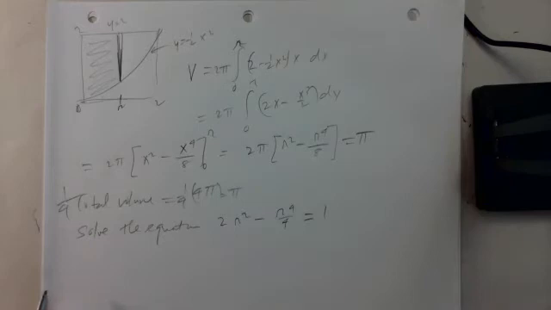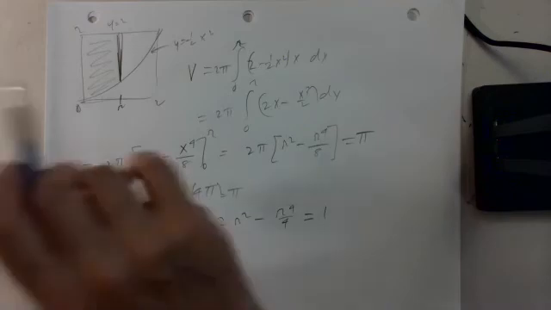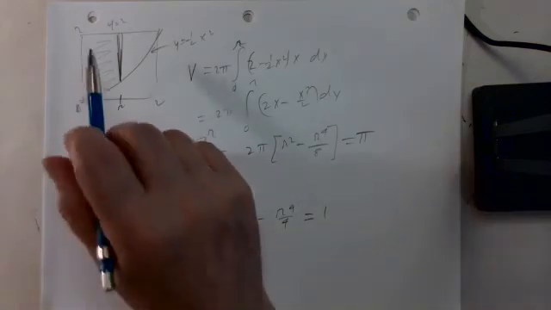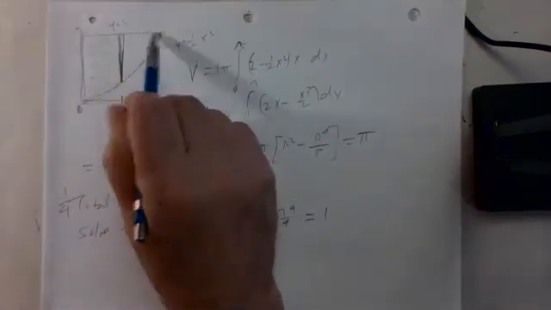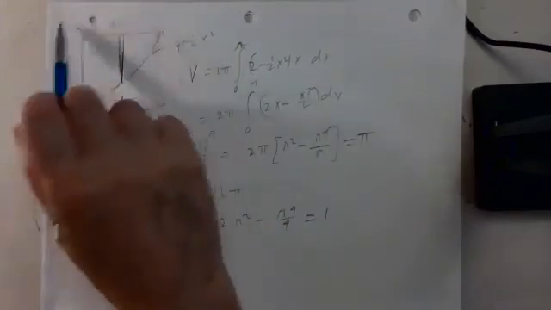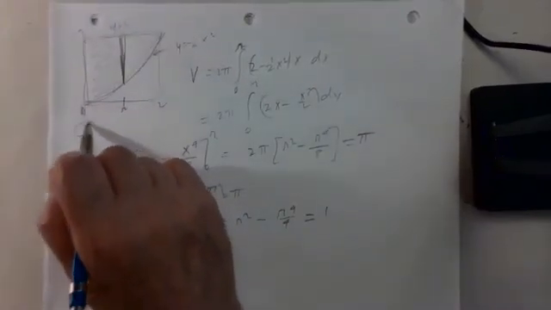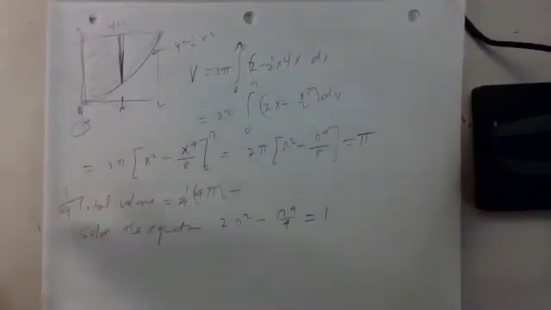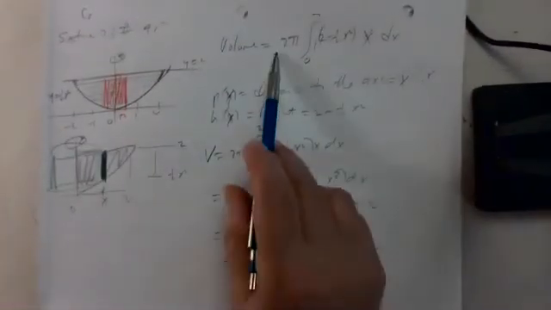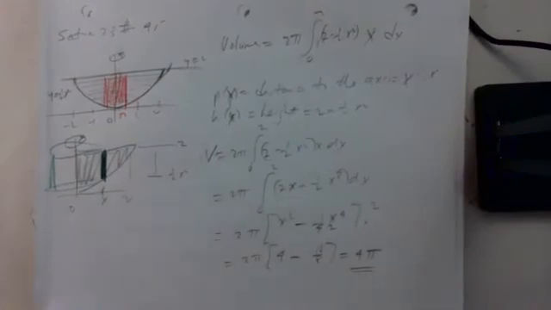Okay, so let's go back to the problem. A solid is generated by revolving the region bounded by y equals a half x squared and y equals 2 about the y-axis. So this is the region, this parabolic region, and we rotated that around the y-axis. When we calculated the volume, we got 4 pi.